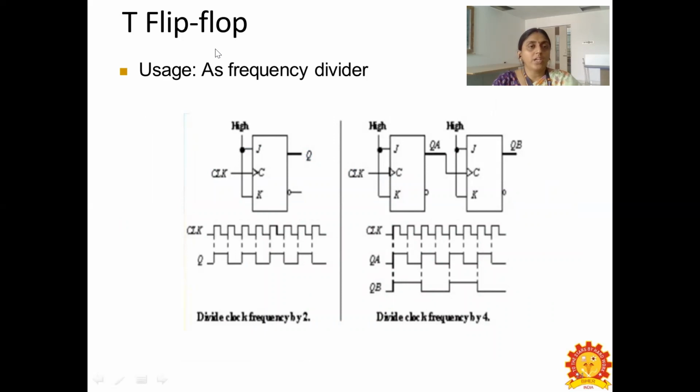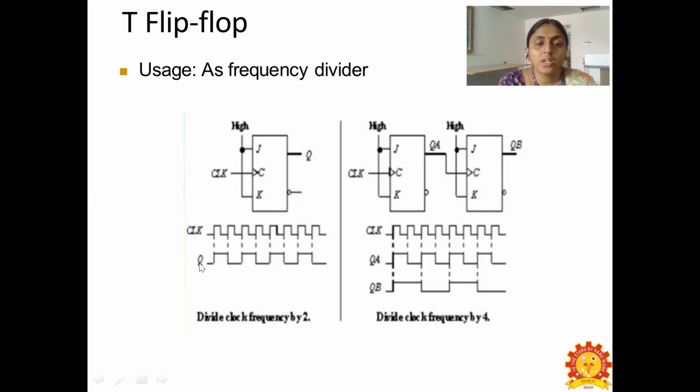And now we will see about the T flip-flop where the usage is as a frequency divider. So here J and K inputs are there, where the T input is given to J and also K. And here it divides the clock frequency by 2, which is shown in the diagram here.